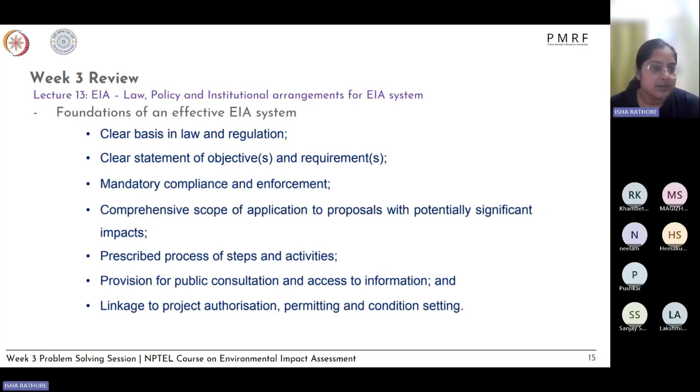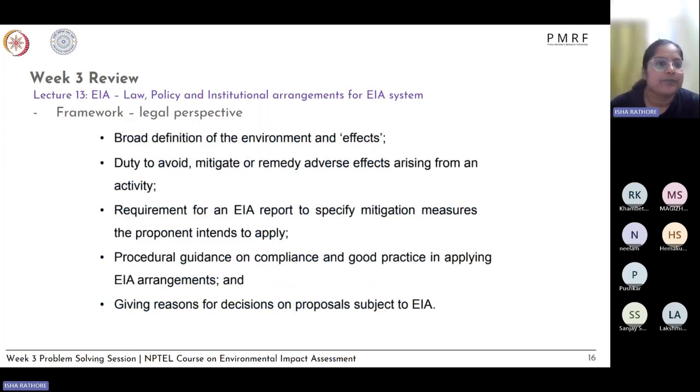There's mandatory compliance and enforcement. There's comprehensive scope of application to proposals with potentially significant impacts. There are prescribed processes of steps and activities, provision for public consultation and access to information, and linkages to project authorization, permitting, and condition setting. So these are the foundations of an effective EIS system.